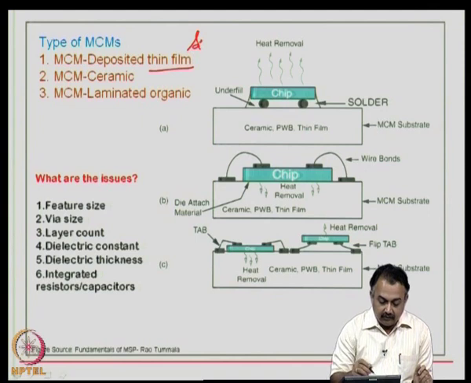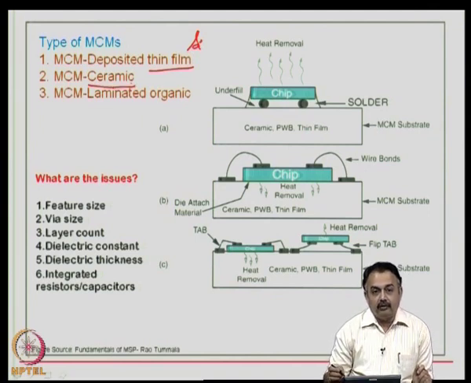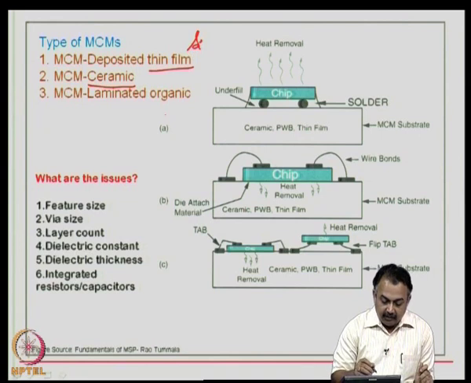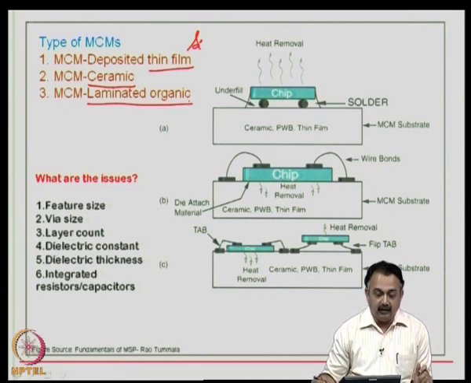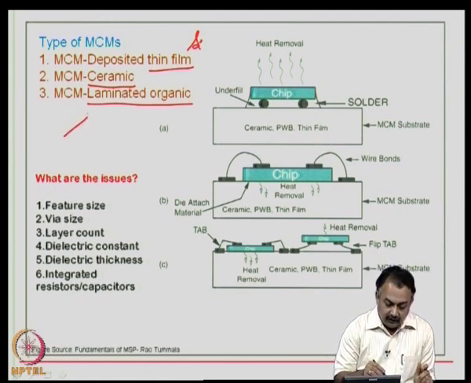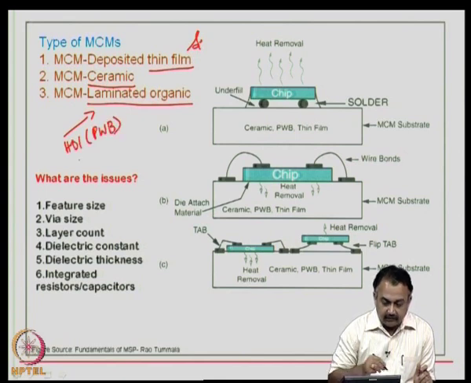In the second case, you are going to use a ceramic substrate. Okay, so, you are going to utilize the properties of inorganic ceramic substrates. The application areas for MCM-D and C are quite different from that of MCM-L. MCM-L can be viewed as typically a high density interconnect like a PWB structure.